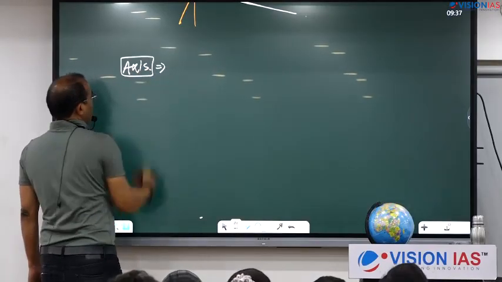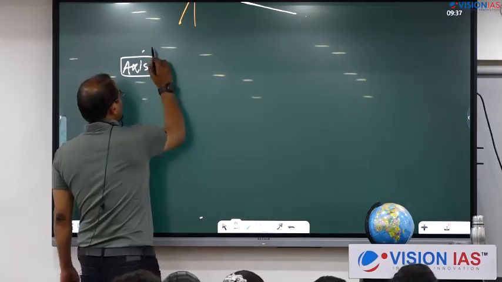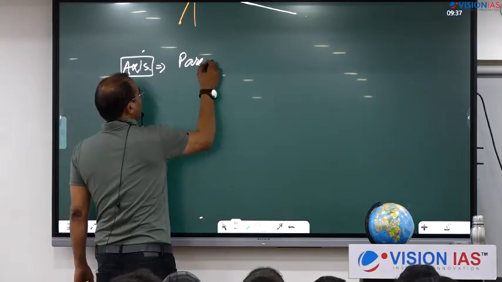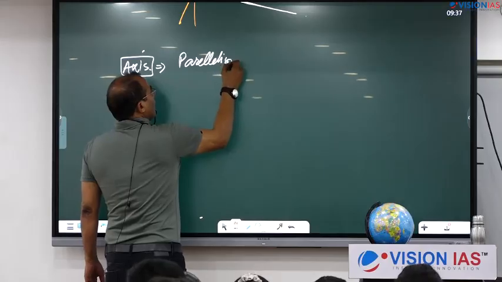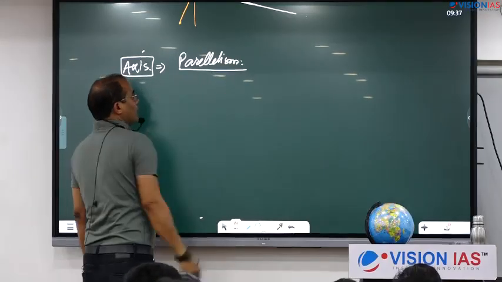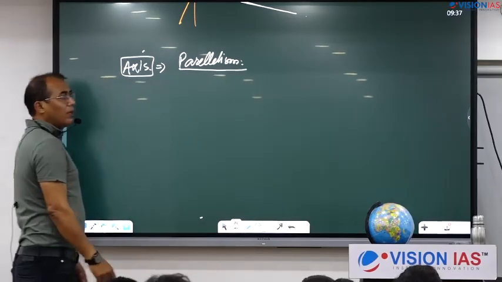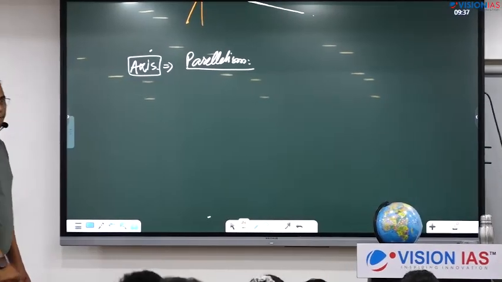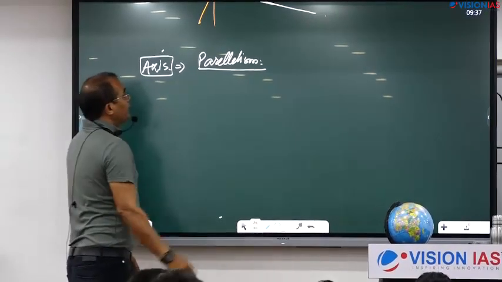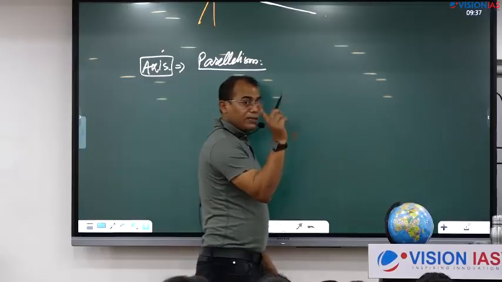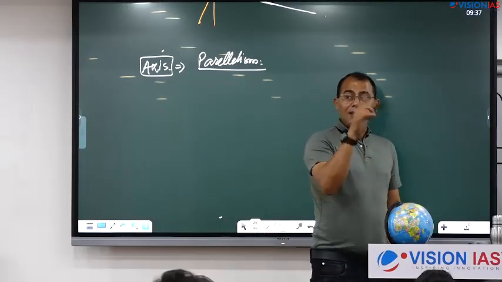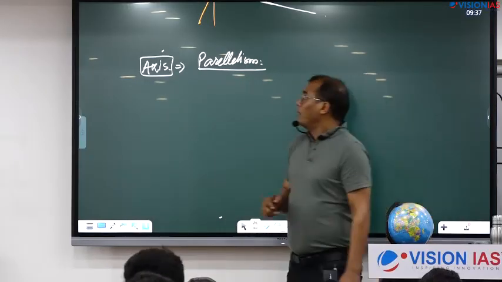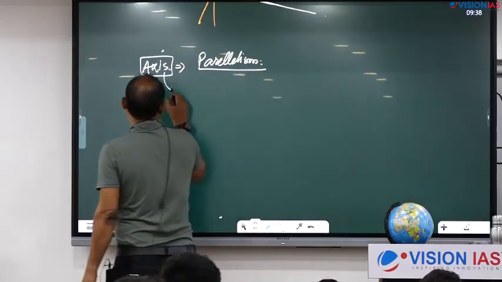So, rotation on its own axis. Another property of the Earth's axis is parallelism. This is also called the parallelism of the Earth. Parallelism is a property of the axis.